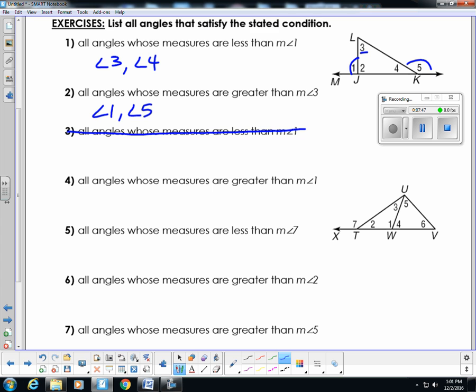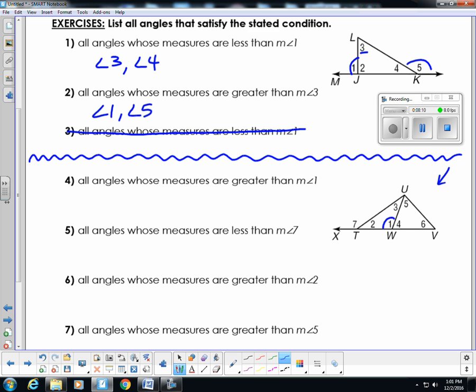Okay, now let me do this. We got to change figures here. And now we're focused on this figure right here. All right, angle 1 is right here. Now, angle 1 is greater than any of its remote interior angles.